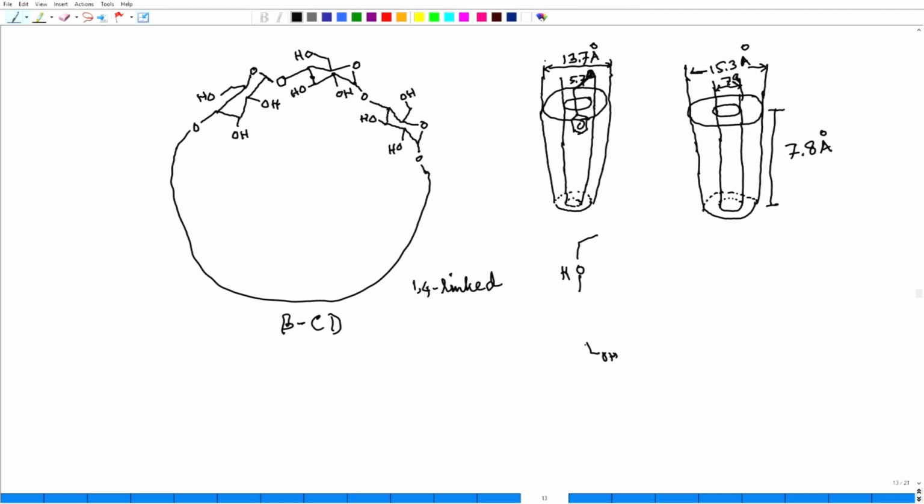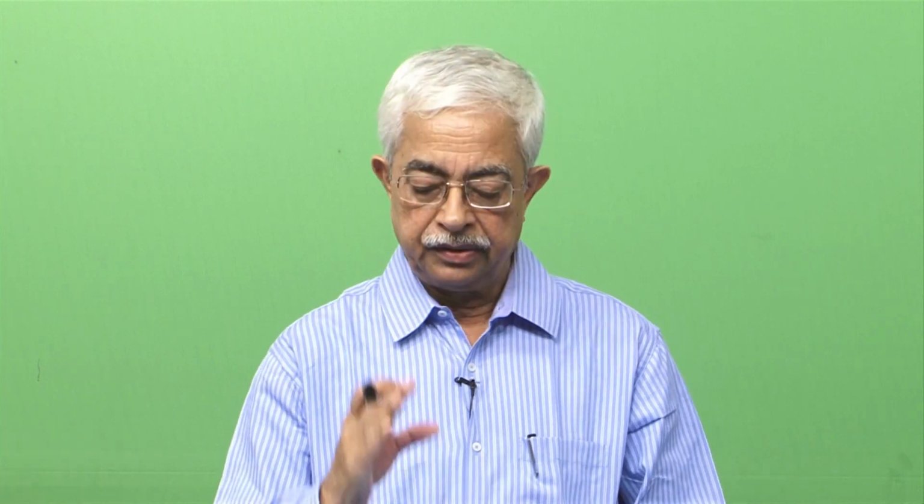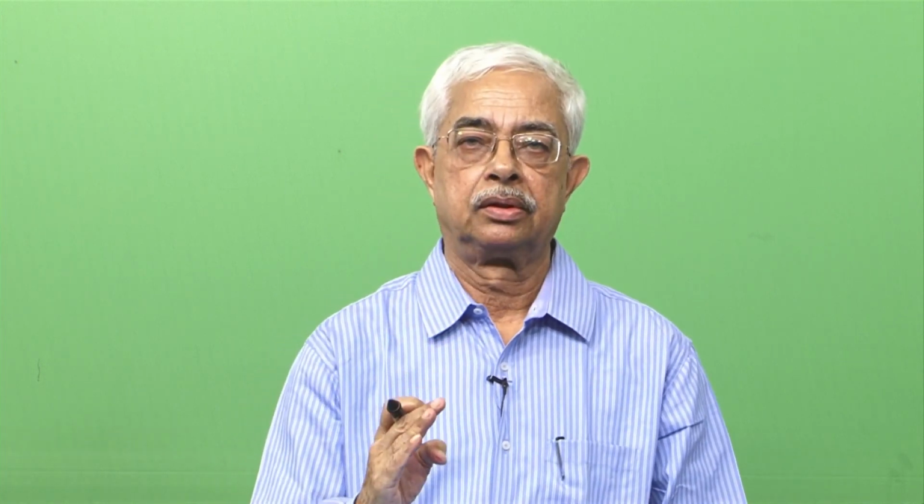So, this outside part will react with either OH, or a suitable substituent X. I can put X here, they come very close, make weak bonding, and thereby they can react. They can easily react and give rise to the formation of products.